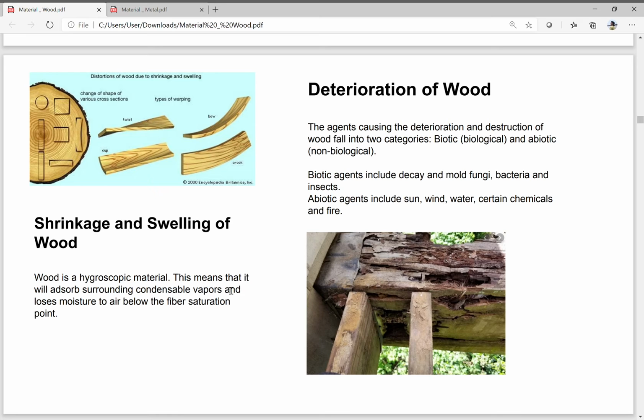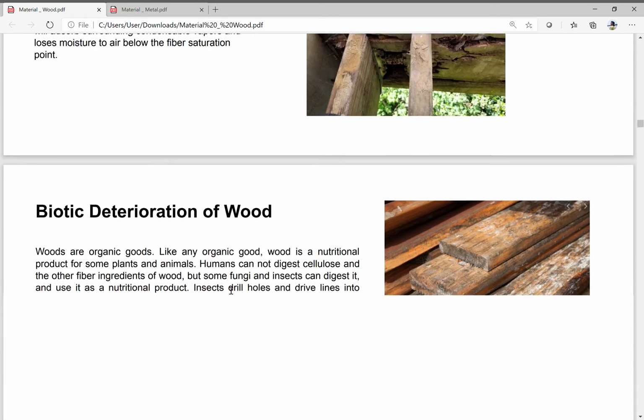These are very natural occurrences, especially when you're working with wood, especially when it's applied outdoors or exposed to a varying degree of weather exposure, air, and everything else. And then you have your abiotic, which includes the sun, wind, water, chemicals, and then fire. So those are the possible agents.